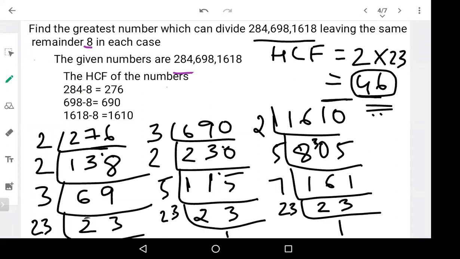Now what they are saying is, when you divide 284 by 46, now calculate. Sorry, you're supposed to divide not 284 but 276. You have these numbers, right?